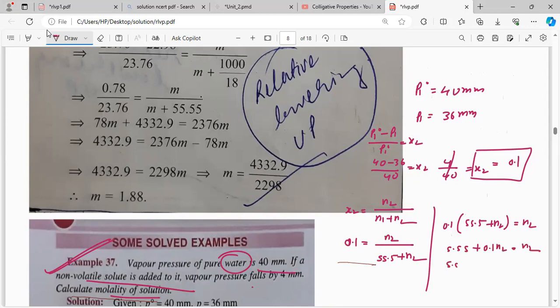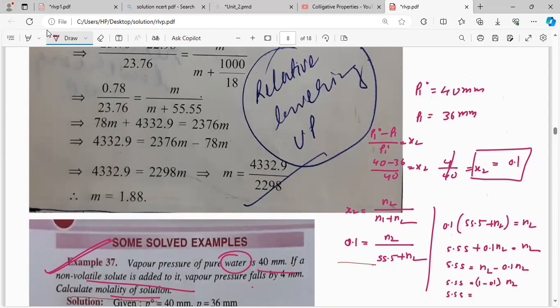So 5.55 is equal to N2 minus 0.1 N2, that is, 5.55 equal to 1 minus 0.1 times N2.